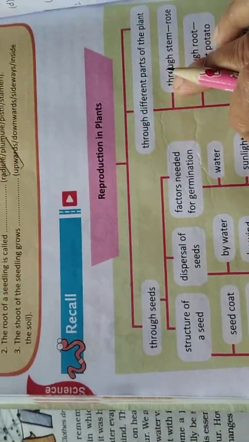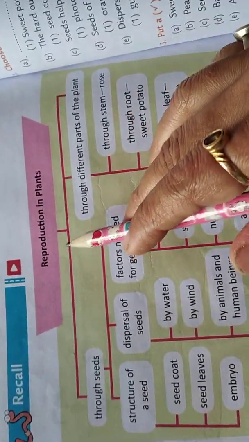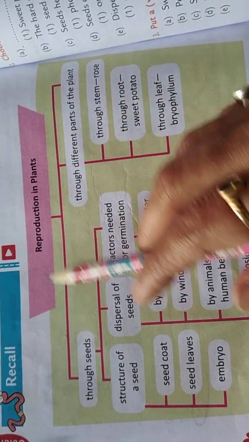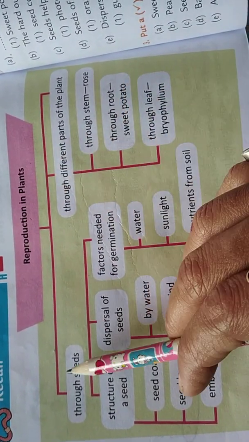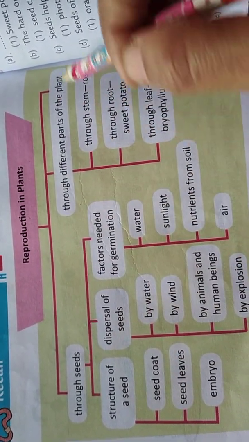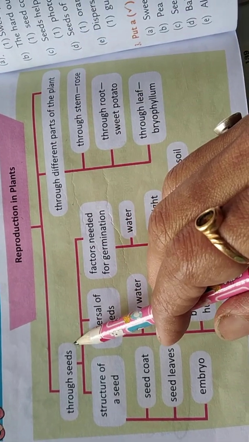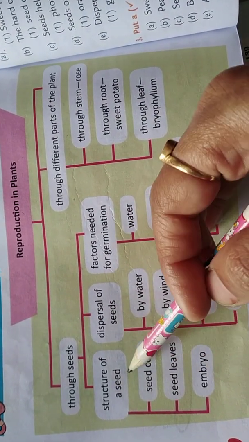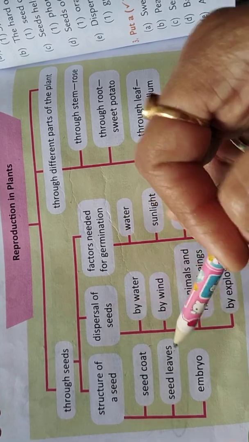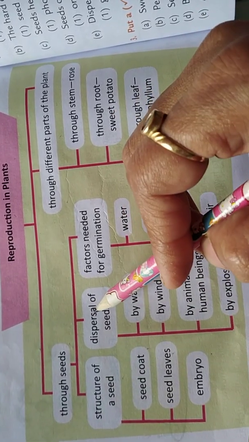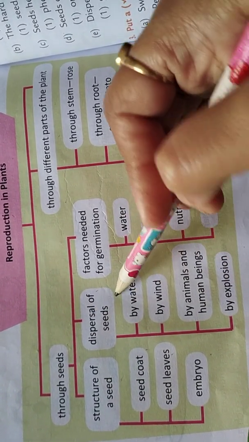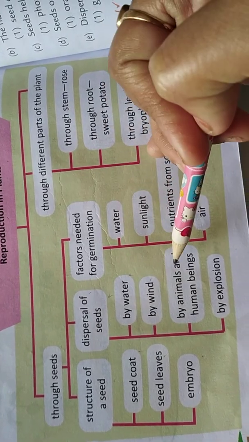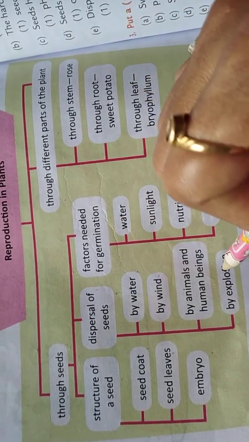Next is a recall of this lesson, reproduction in plants. First, reproduction through the seed: the structure of a seed, the seed coat, seed leaves and the embryo. Second, we learned dispersal of seeds by water, wind, animals and human beings, and explosion.